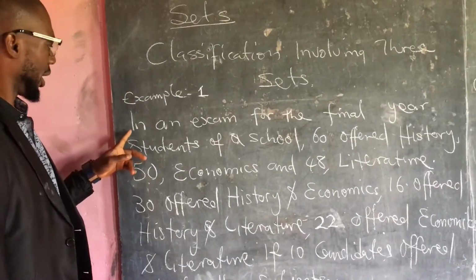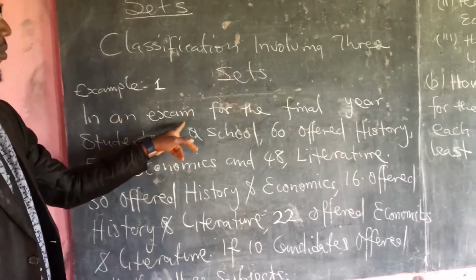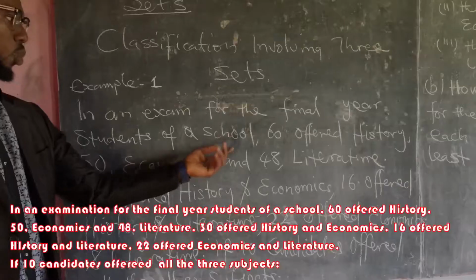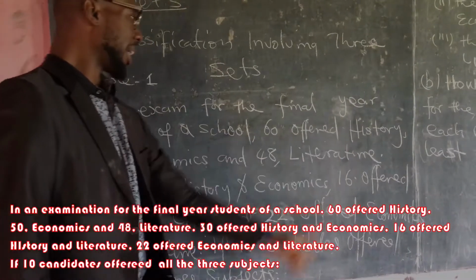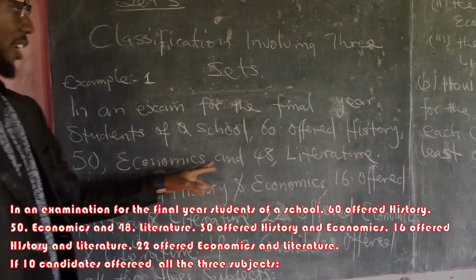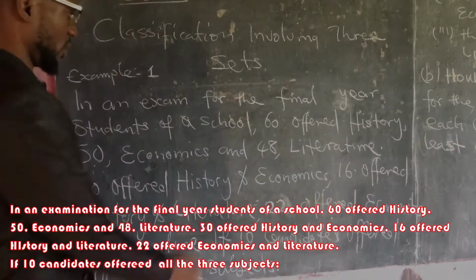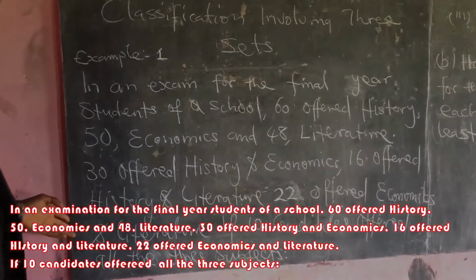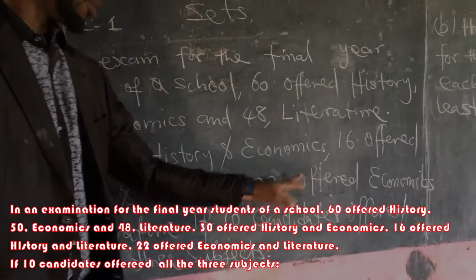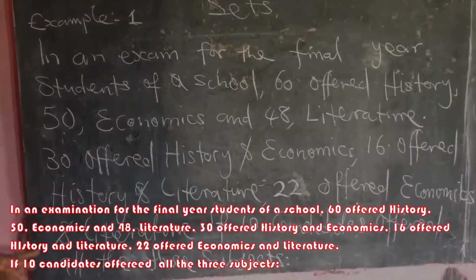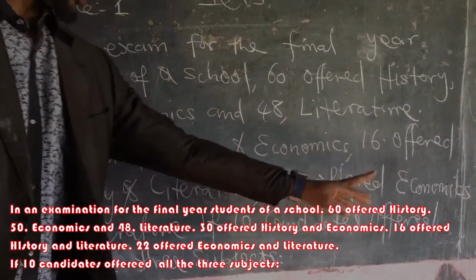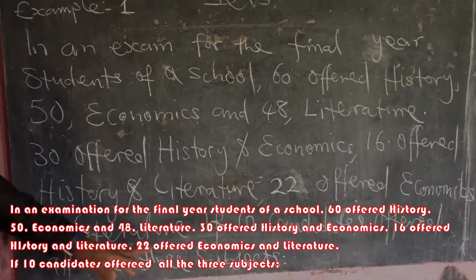The question says, in an exam for the final year students of a school, 60 offered history, 50 economics, and 48 literature. 30 offered history and economics, 16 offered history and literature, 22 offered economics and literature.